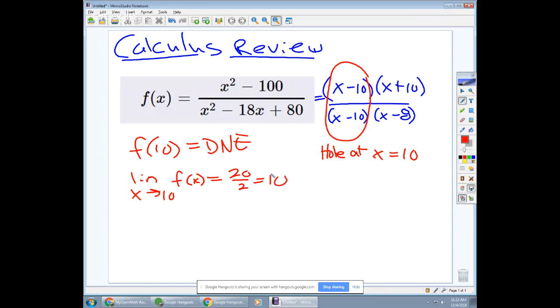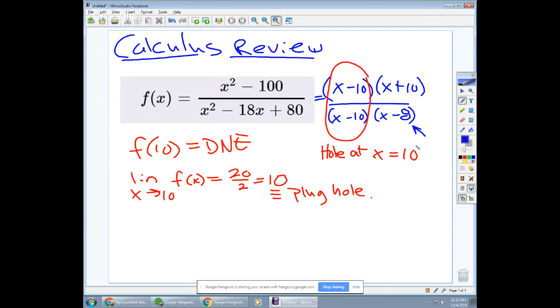Yeah, so it has a limit, but the function doesn't exist there, so that's what we call a hole. Okay, and it's also a removable discontinuity because we could plug that hole if we wanted to by redefining the function at 10 to be 10. That fills the gap.